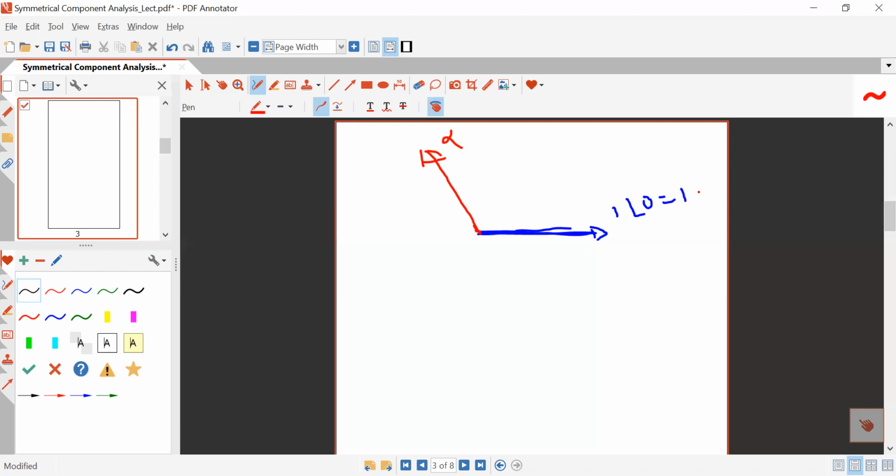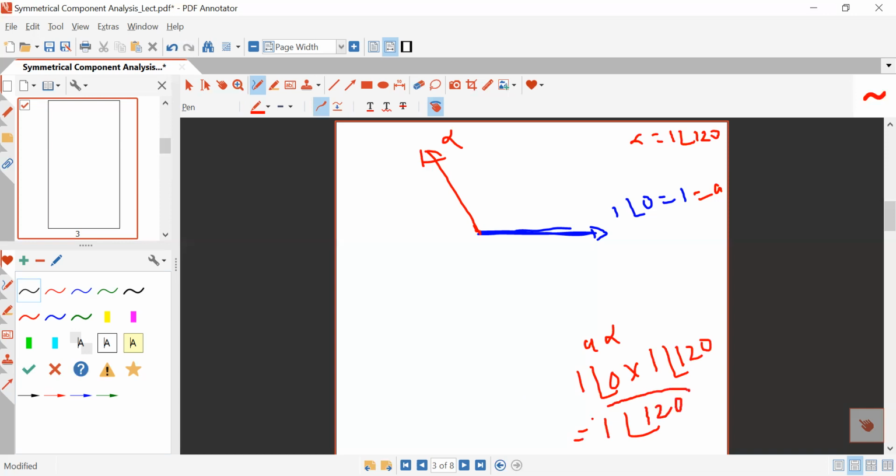Because if this is A, which is 1 angle 0, and alpha is 1 angle 120, then when you multiply A with alpha, the resultant vector will be 1 into 1 is 1, and 0 plus 120 is 120.